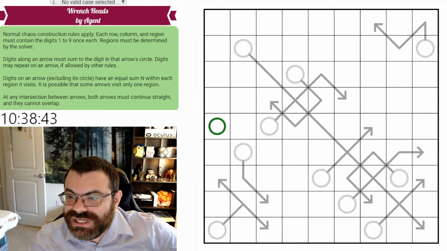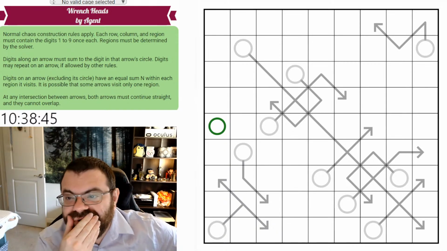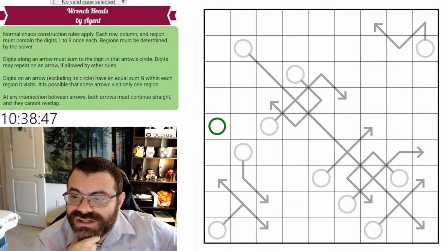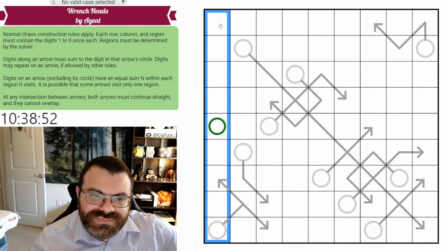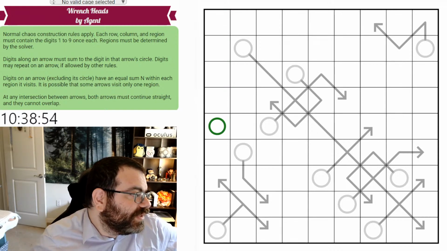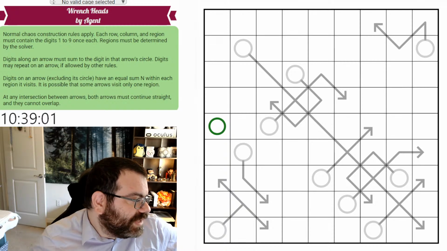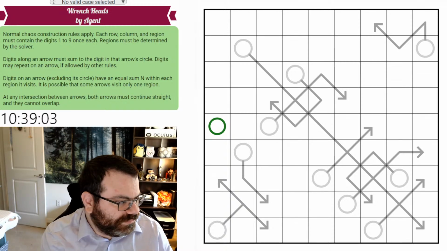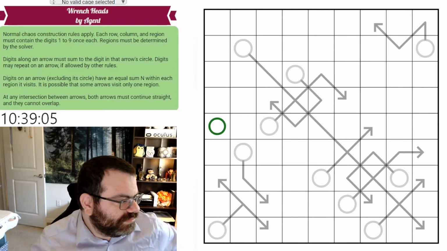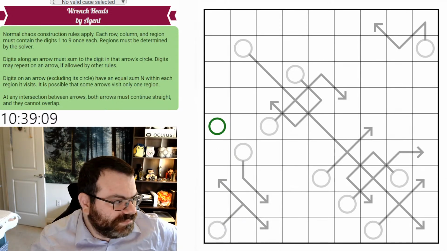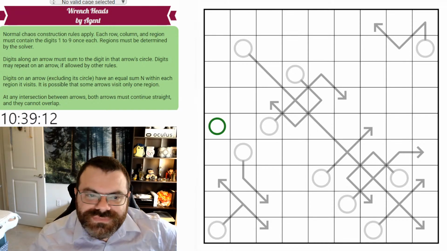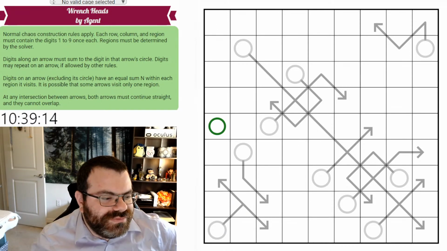So this is called Wrench Heads. It's by Agent. Normal chaos construction rules apply. So basically we have standard Sudoku in terms of rows and columns. Let me start over my intro here.